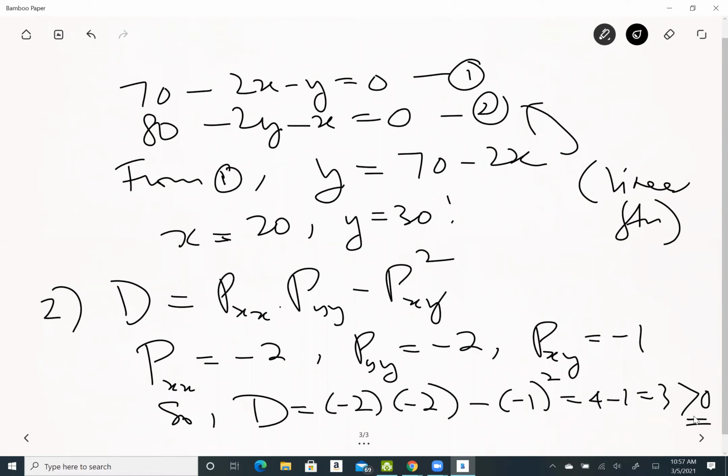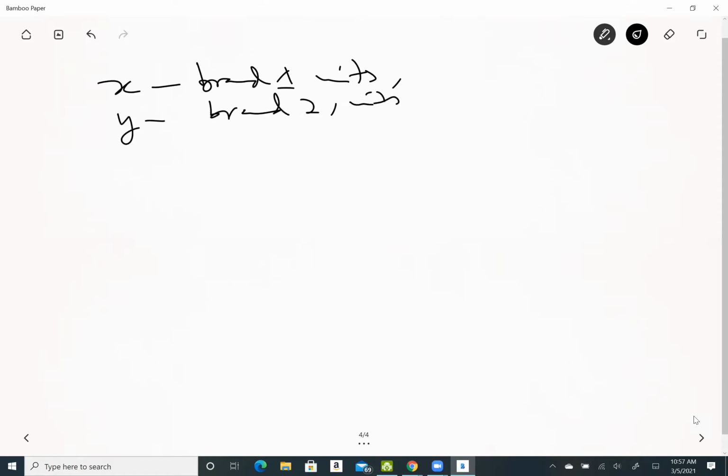We just say unit. We think of x as brand 1 in unit, and here is brand 2, unit. Tak payah fikir thousand. Okay, kita buat senang kita. And then the profit is just dollars, so whatever you get, you don't have to say thousands.